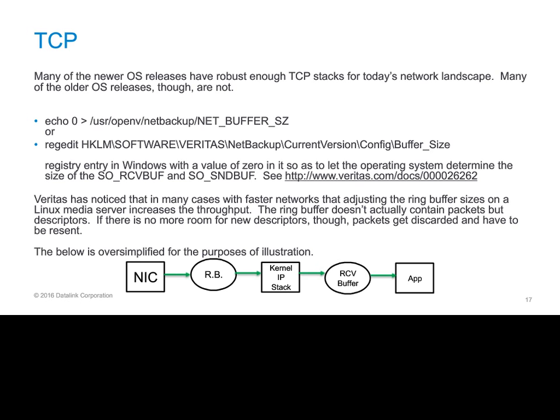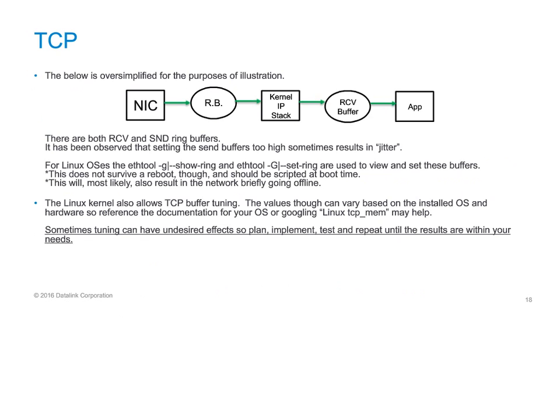So let's talk about that some more. Again, the send and receive are both involved. I only have the receive here. But one of the things that Veritas has noticed is that increasing the receive ring buffers on a server is dependent upon the hardware being used.